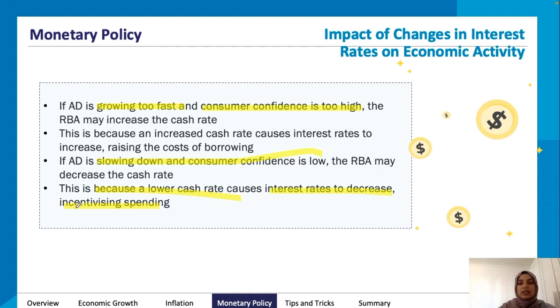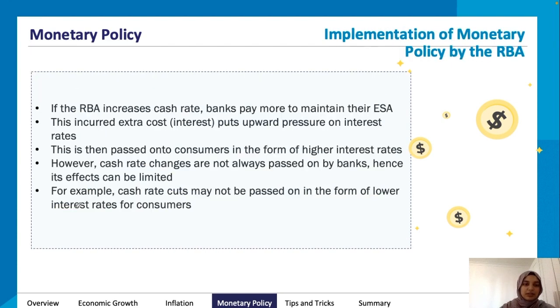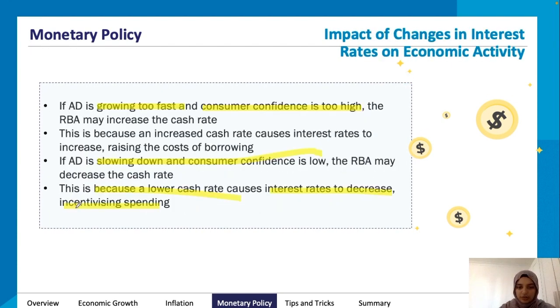So that is the impact of changes in the interest rate on the economic activity. So either encourage or discourage spending, depending on, of course, a range of factors, like if the banks pass it on, how much savings that people have, etc. So that's important to note.